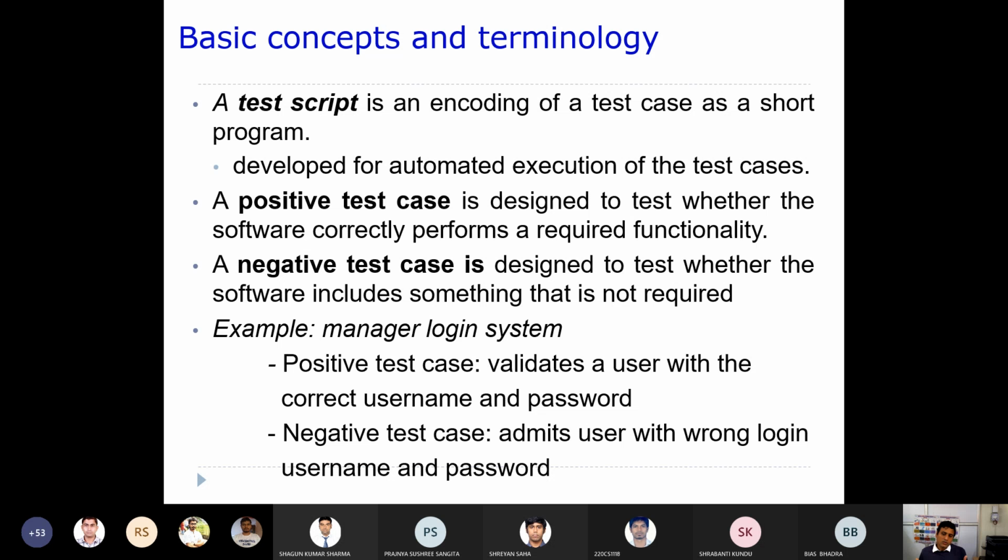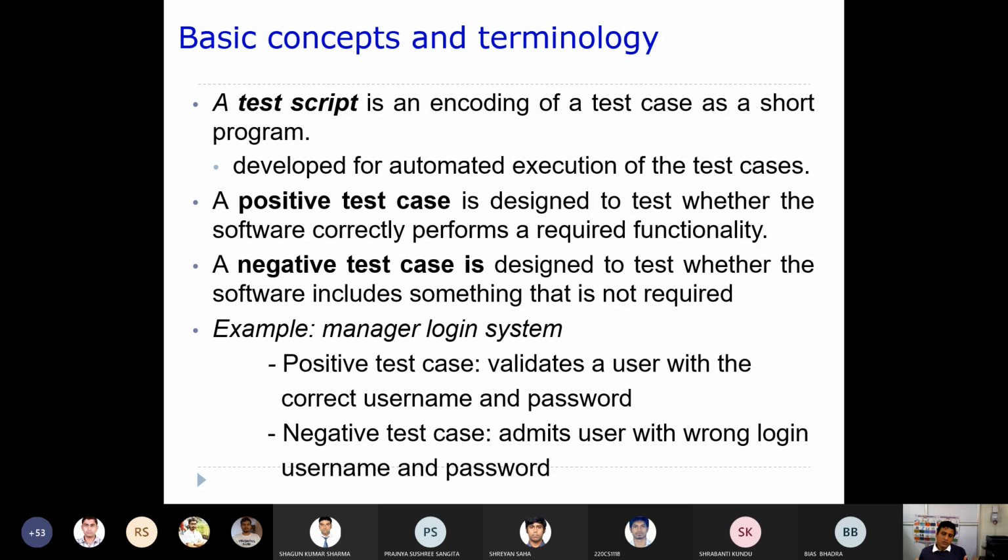Let's say you can think of some examples, right? One here is, let's say, a manager login system. For a particular system, we have a manager login system. That means the manager is going to log in to the system using a username and password, right? So the positive test case in this case validates the user with the correct username and password.